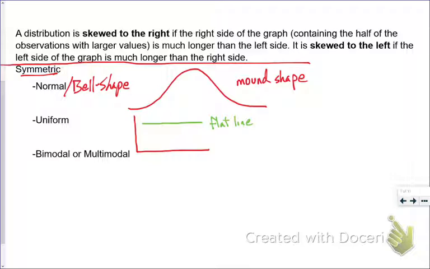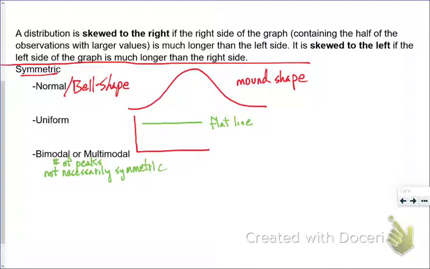Bimodal, this is referring to number of peaks. Maybe I should organize this a little better. It's not necessarily symmetric. It might be, it might not be. The ones I'm going to draw are going to be symmetric. But who knows?